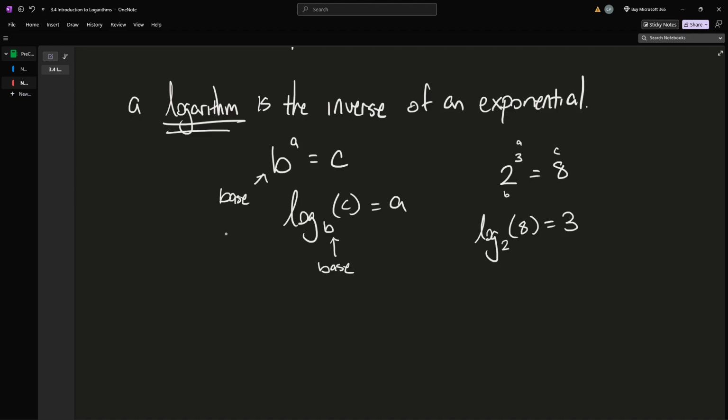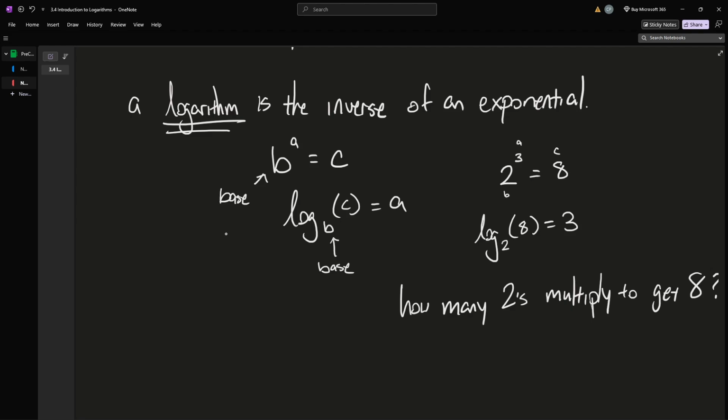The way that we like to describe it is: how many of the base, so 2's, multiply to get 8?